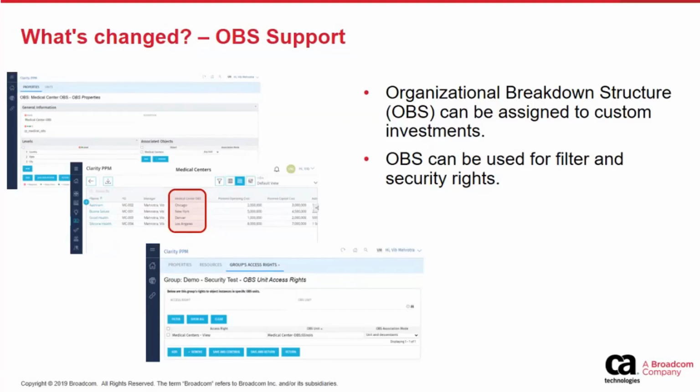Once the API attribute key is populated, the attribute is treated just like any other in the grid view that you can include using the available columns in your grid view. And once added, the user can essentially populate the OBS for each individual custom investment instance.